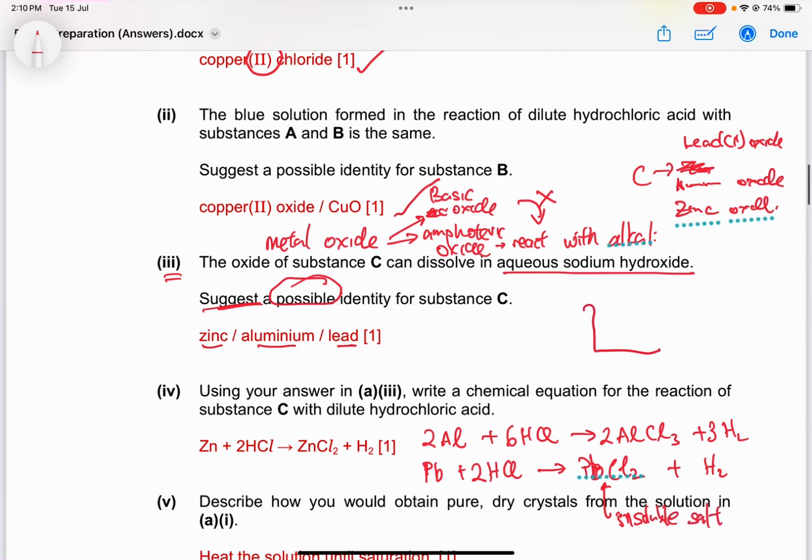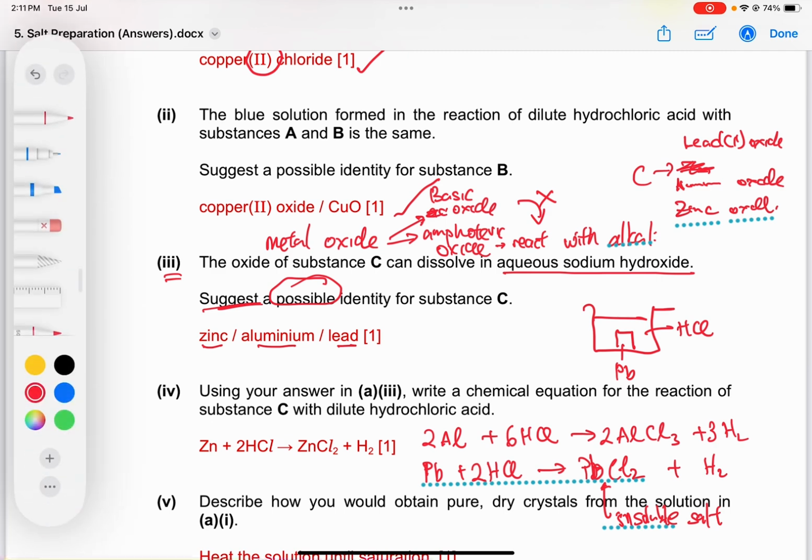So if I have lead in hydrochloric acid, HCl, this is my lead. In the midst of the reaction, do take note, lead 2 chloride will form. So this layer at the outer side is actually my lead 2 chloride. As the lead reacts with hydrochloric acid, I'll form lead 2 chloride and it will coat my lead.